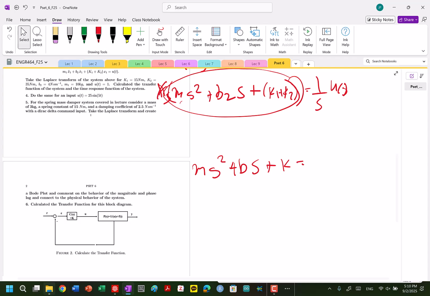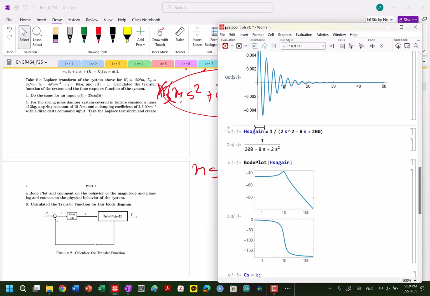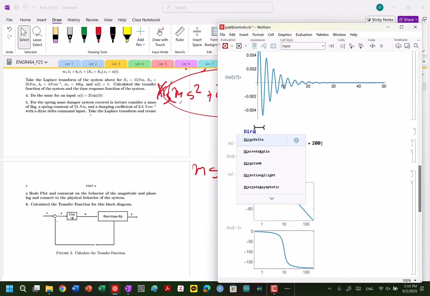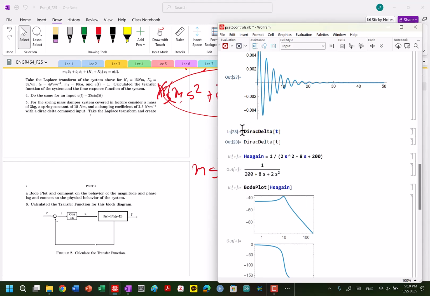If it's a Dirac delta function in t, and I do the Laplace transform with respect to s, it just becomes unity.